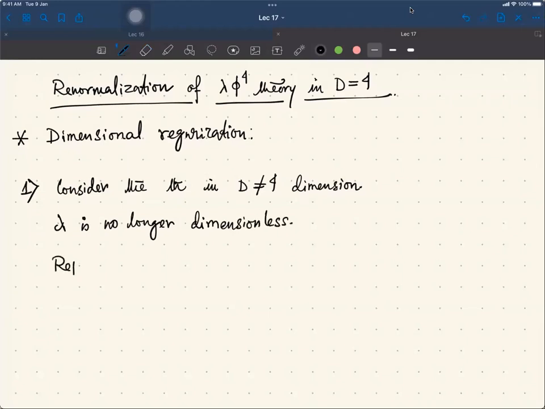So replace in the original theory lambda by lambda mu to the power epsilon, where epsilon is equal to 4 minus d, and mu is some mass parameter.